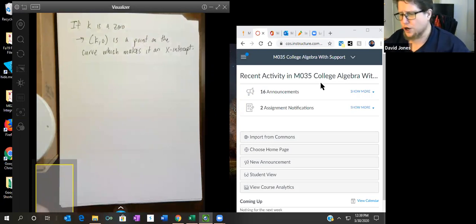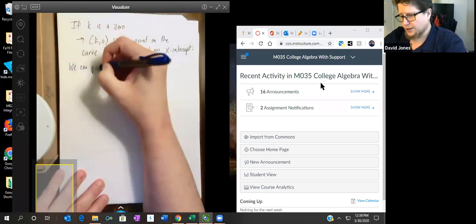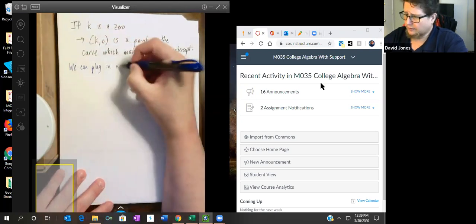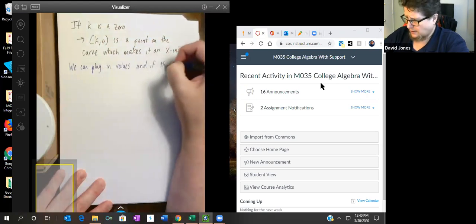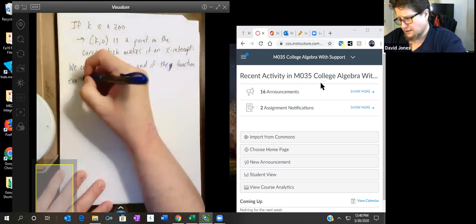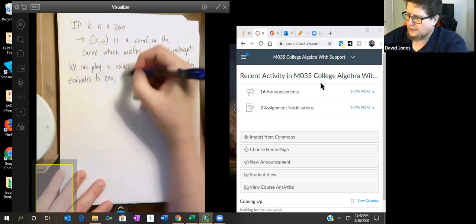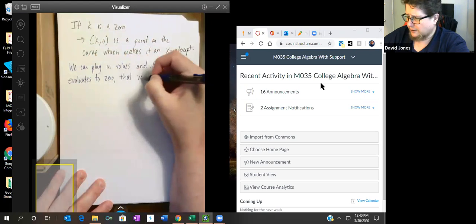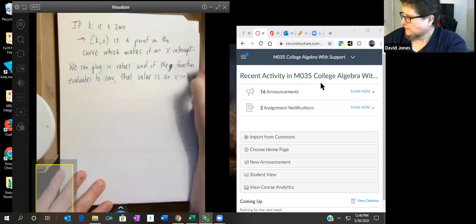So knowing this can be a handy shortcut. We can plug in values, and if the function evaluates to 0, that value is a 0, or it is an x-intercept.